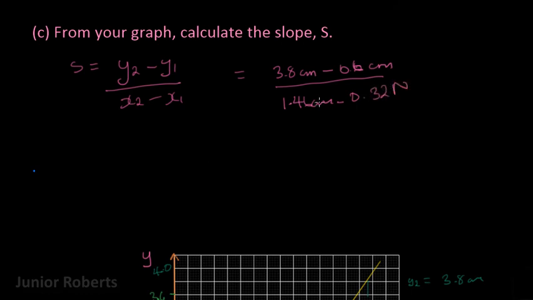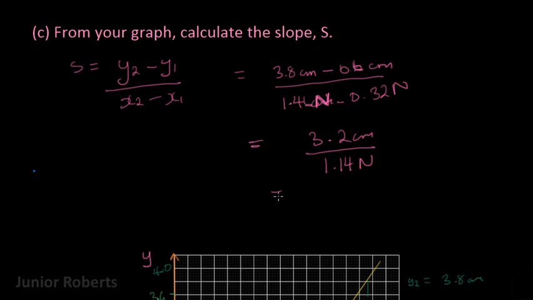Now, 3.8 centimeters minus 0.6 centimeters gives 3.2 centimeters, and 1.46 newtons minus 0.32 newtons leaves us with 1.14 newtons.